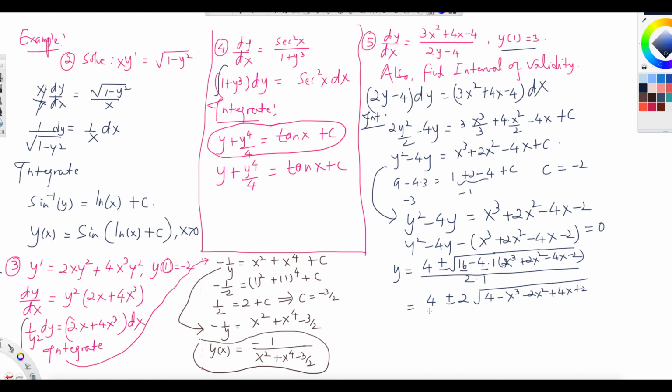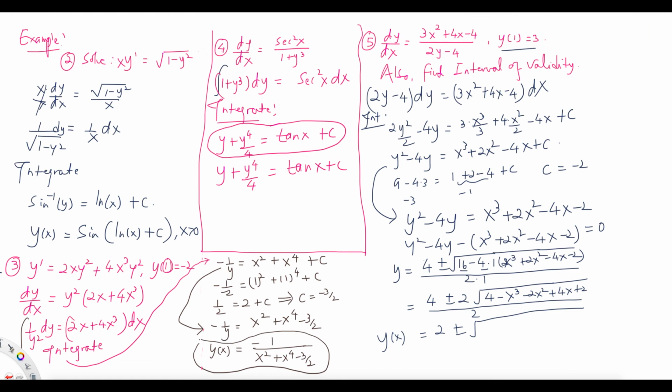Okay guys, and then divide by 2. Now you distribute that, split that denominator. What you get is 4 divided by 2, which is 2, plus or minus under the root.